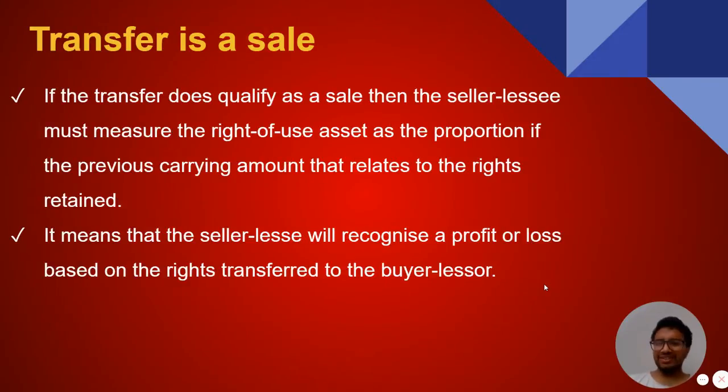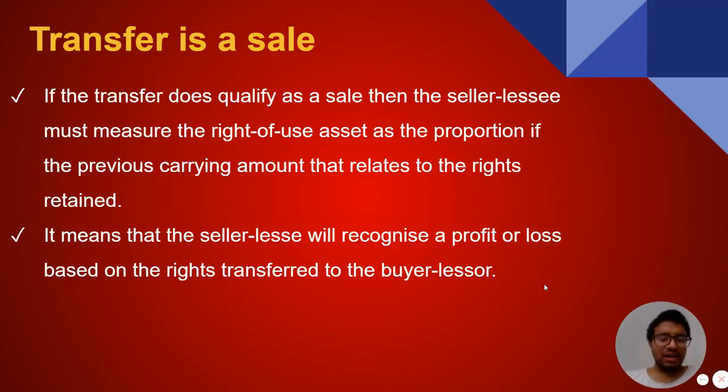If it qualifies as a sale, then the seller must measure the right of use asset as the proportion of the previous carrying amount that relates to the rights retained. Based on your fair value, you will compute your lease liability as your retained value, and your fair value will be the total value of the asset.